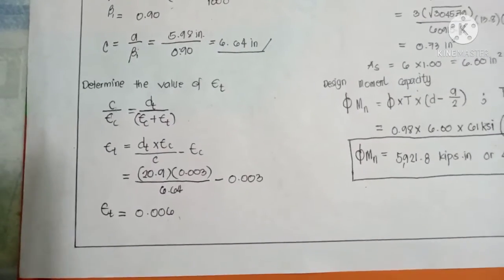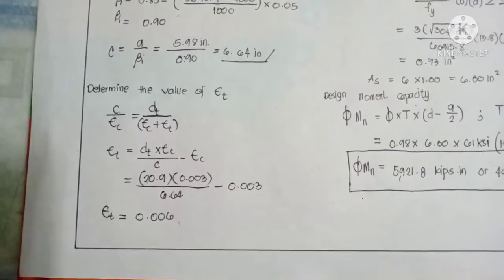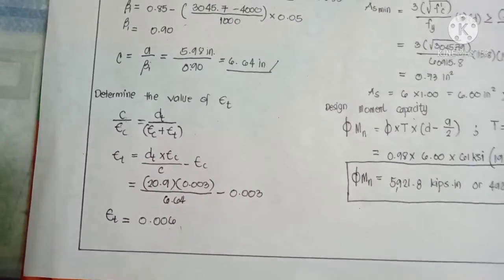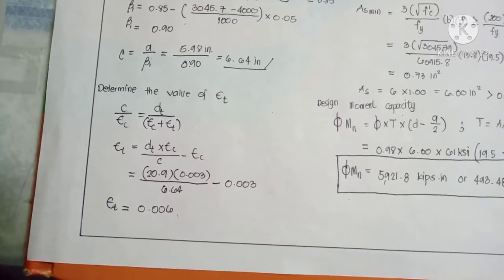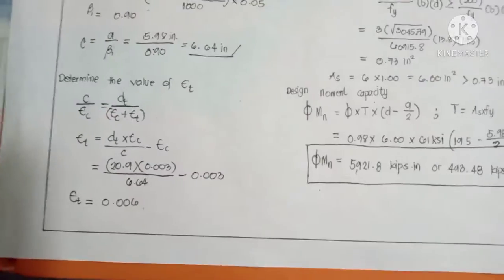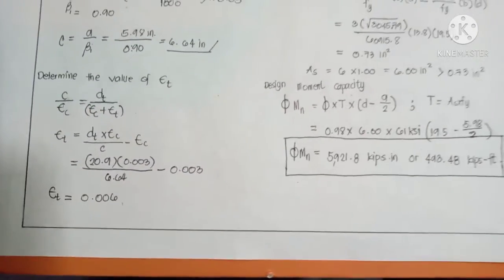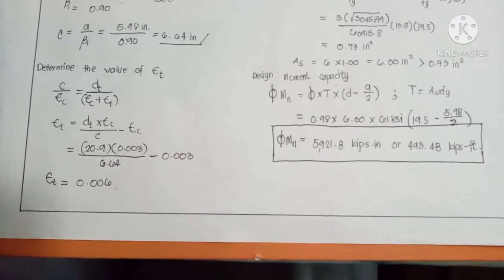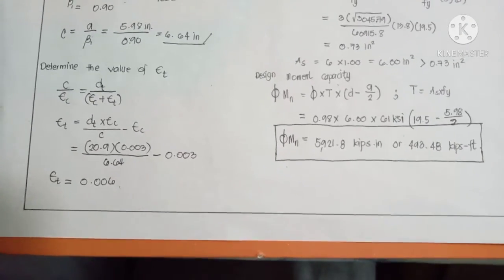With c, we can calculate the strain in the extreme tensile steel using similar triangles. With the strain calculated, we can check our assumption that steel yields and determine if the section is tension controlled. We already have the value of dt, which is equal to 20.9 inches.